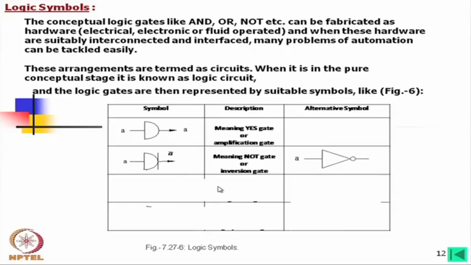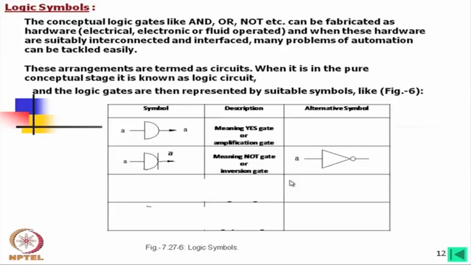Now, next one, it is called the inverse gate, and in this case the first one has no alternative symbol, but mostly you will find in electrical circuits this type of symbol used. This is called a bubble. Basically we will call this a logic circuit.